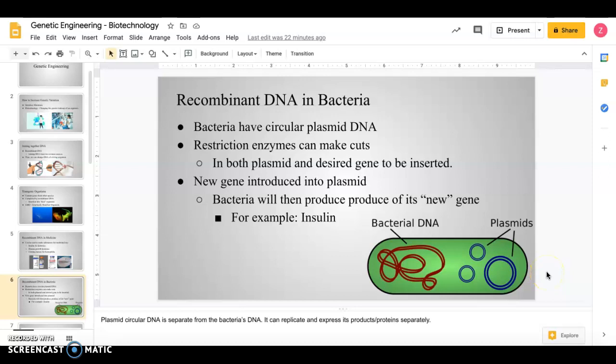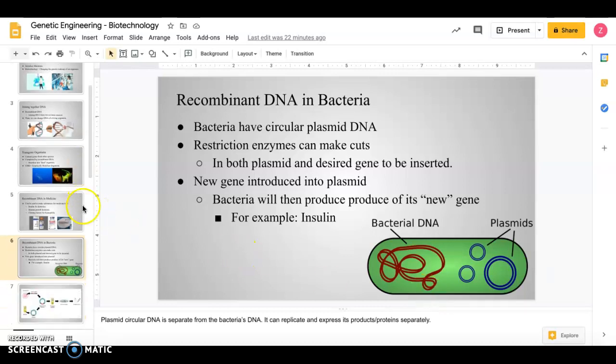It's separate from the bacteria's DNA, and it can replicate and express proteins separately. So we can use these plasmids to our advantage. We can use restriction enzymes to make cuts in both plasmid and desired gene that we want to insert into the plasmid to express. So when we insert a new gene into the plasmid, it will be expressed.